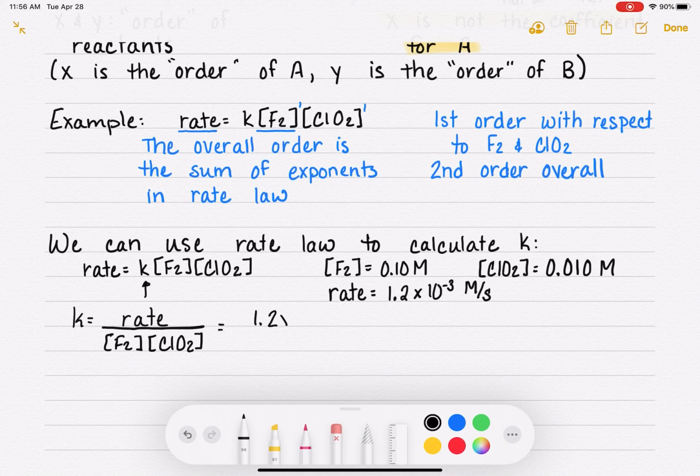And now we're just going to plug stuff in. 1.2 times 10 to the minus third molarity per second over 0.1 molar, that's our F2 concentration, and 0.01 molar, that's our ClO2 concentration. And then we're just going to do the math on that: 1.2 times 10 to the minus third divided by 0.1 divided by 0.01.